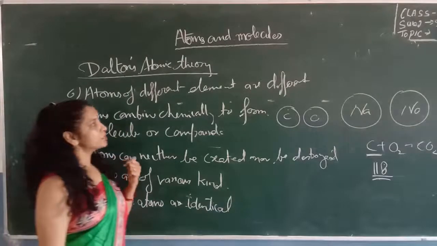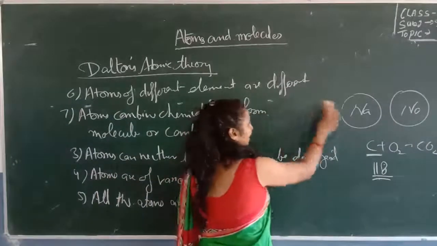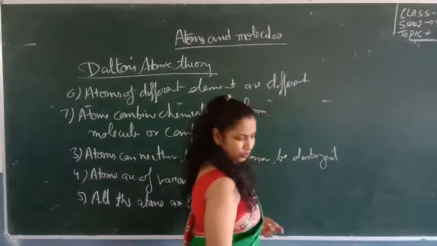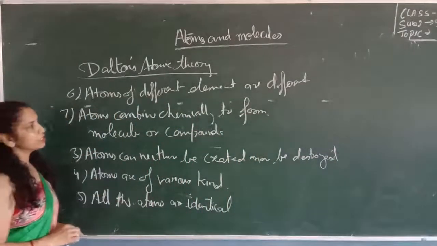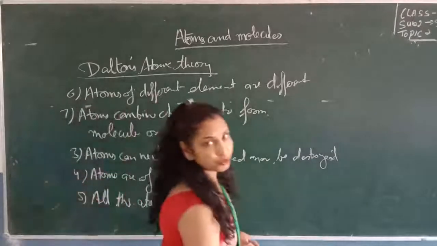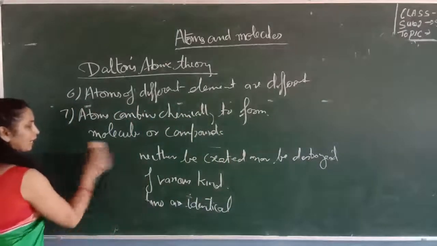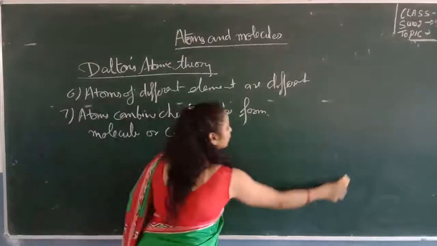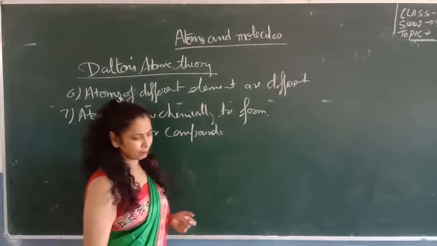Either they share electrons, or they lose or gain electrons for the formation of a compound. Suppose the hydrogen atom and oxygen atom combine together, they form a molecule. So atoms combine chemically to form molecules or compounds.